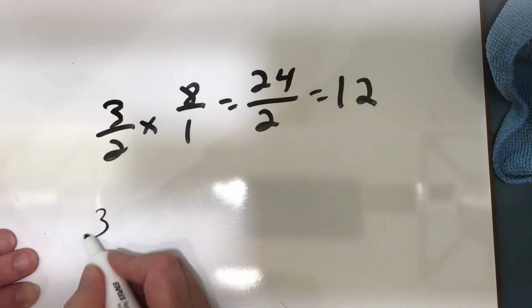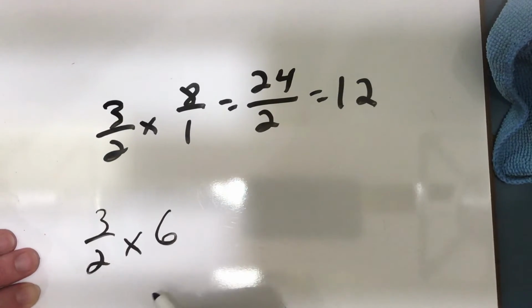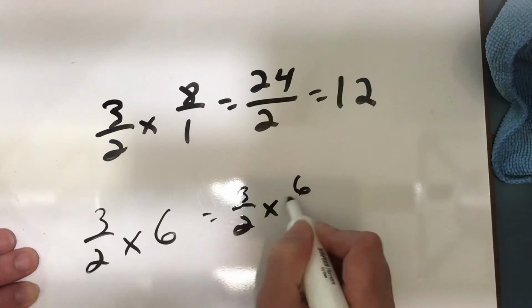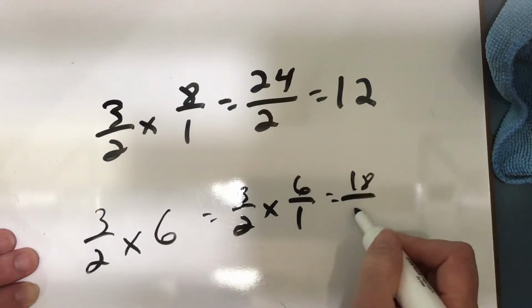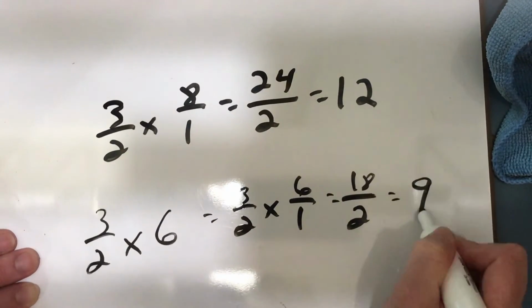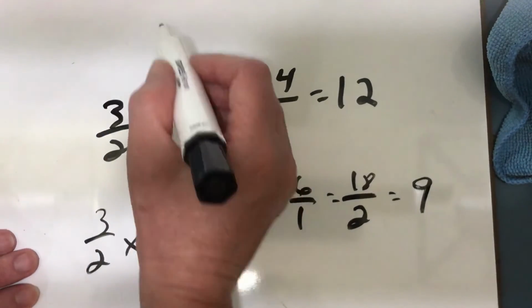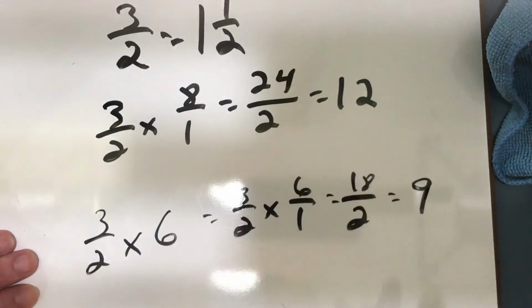Okay, let's take 3/2 times 6. Okay, so we'll rewrite that as 3/2 times 6 over 1. And then multiply 3 times 6 is 18. 2 times 1 is 2. That equals 9. 9 is greater than 6. So yes, when you multiply a whole number by 3/2, you will get a number greater than what you started with because 3/2 equals 1 and 1/2.